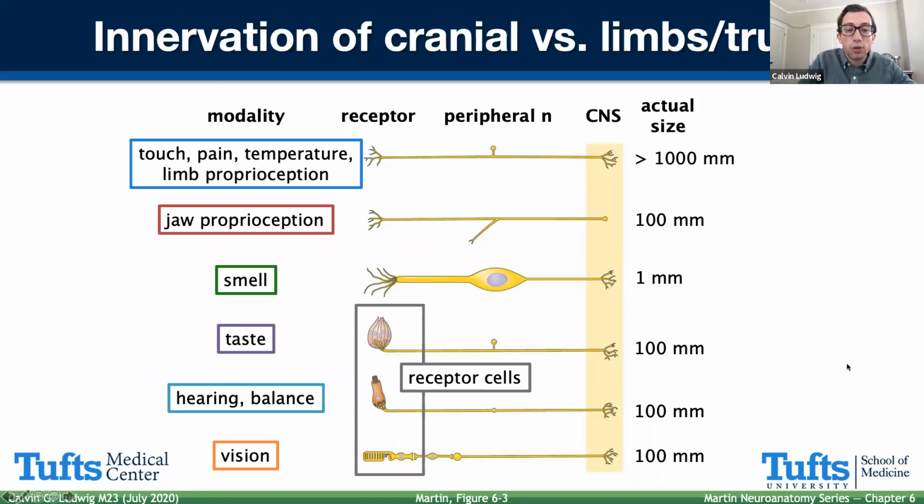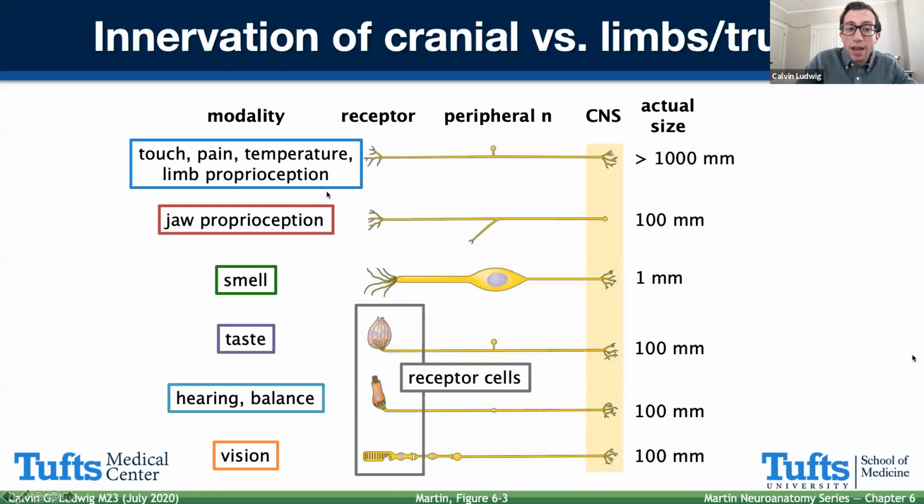Now looking at the blue and the green boxes, for the spinal and trigeminal somatic sensations, the distal ending of the primary sensory neuron is the sensory receptor for all but one receptor. And the primary sensory neurons in cranial nerves have either a pseudo-unipolar or a bipolar morphology depicted there.